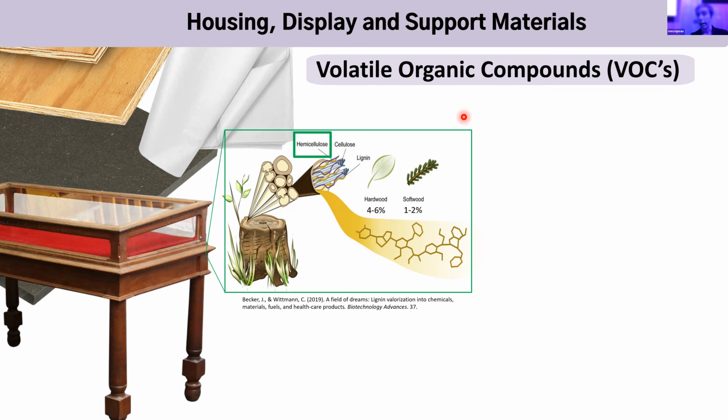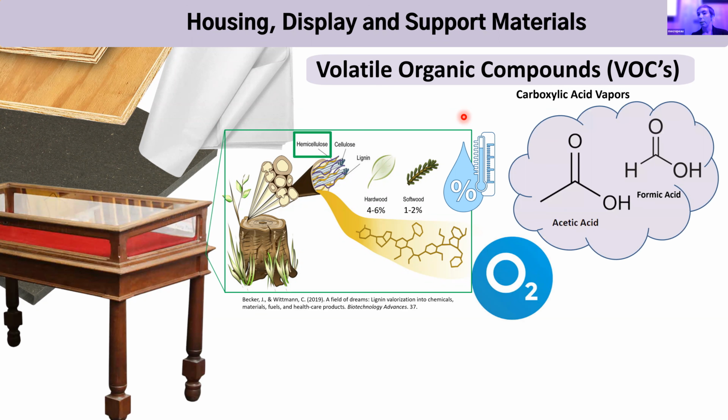These contain a lot of hemicellulose that breaks down in the presence of water and oxygen and creates a bunch of what we call volatile organic compounds, or VOCs. These are continually off-gassing, or seeping out of these elements over time in the right environmental conditions, including things like acetic acid and formic acid.